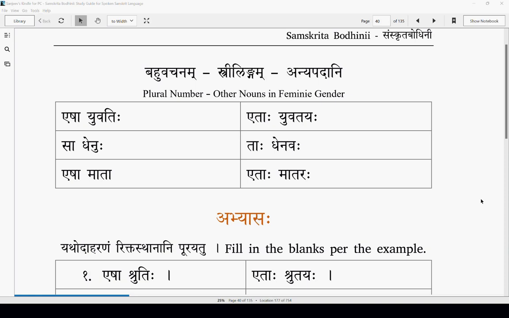What do you call this? Bhavavachaka, which indicates some concept, not a property, a concept. Like, for example, Smriti. What is Smriti? Remembrance, memory.